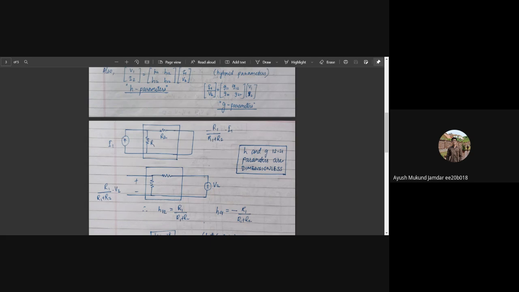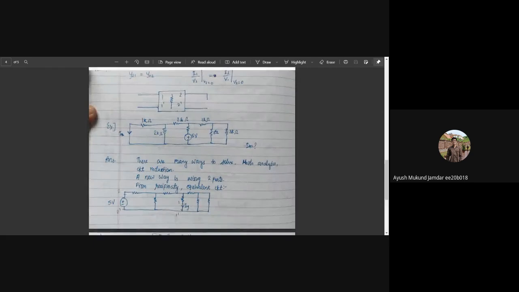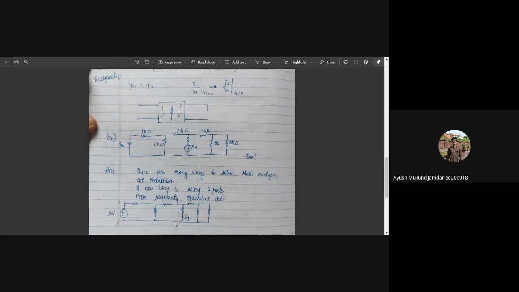Applying it in bigger circuits makes the circuit analysis much simpler. Let's see this with an example. Here we have this circuit where Ix is in the leftmost branch. We have a 5-volt source, and the rest is some resistors and a network.